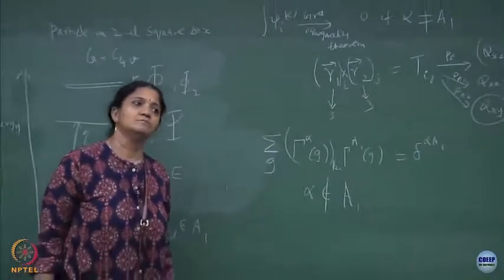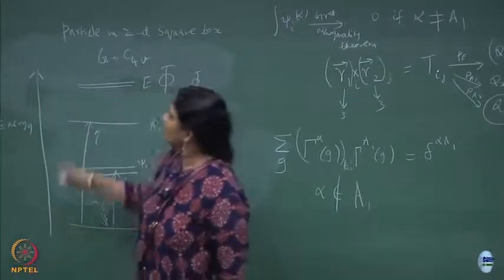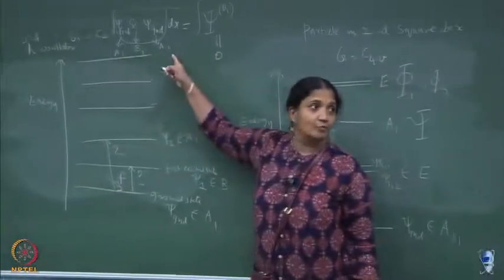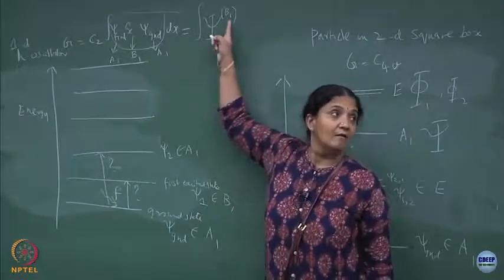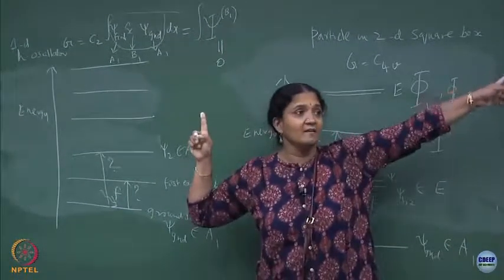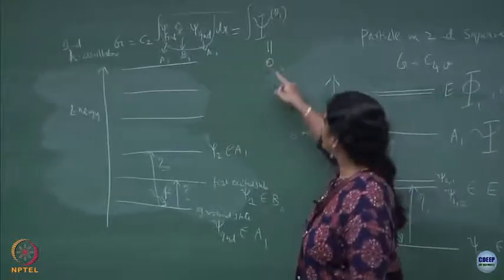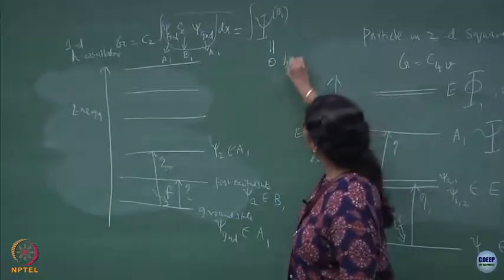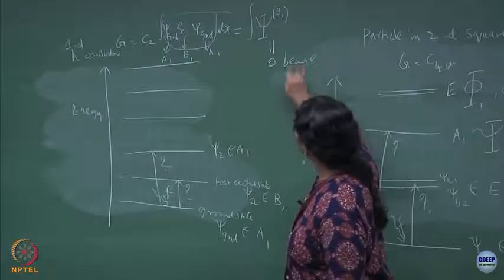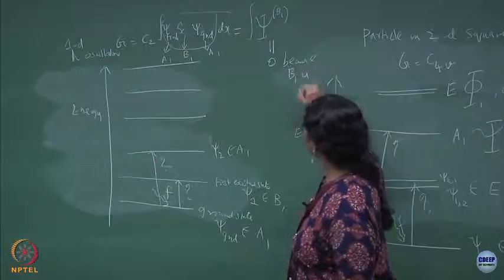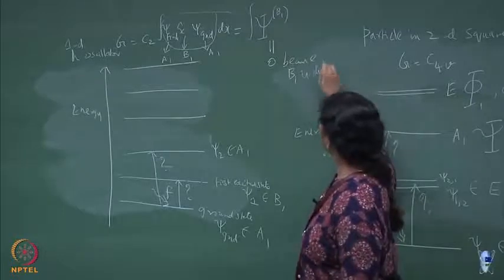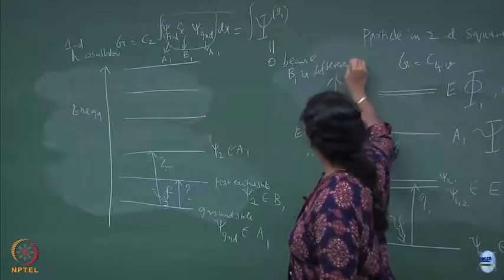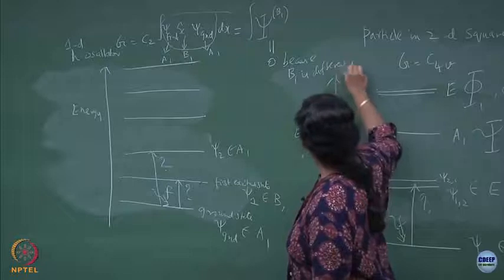Clear? So, that is why this combination, when I do, I get a B1 and invoking that line, I will say that this will be 0 because B1 is different from A1, right.